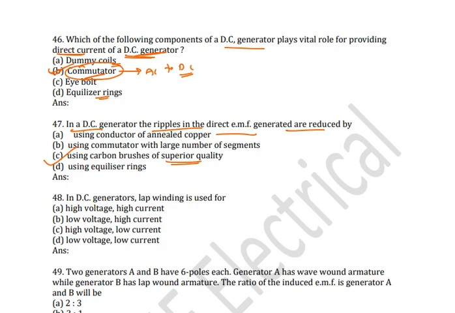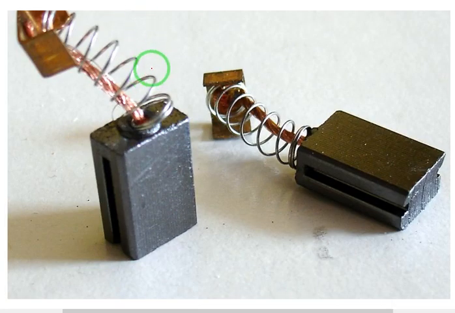Practically, carbon brushes appear like this. If we use superior quality carbon brushes, we can reduce the ripples in the induced EMF.